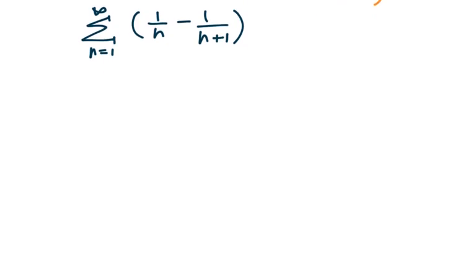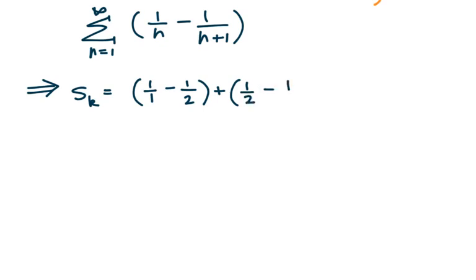At this point, now that we have this, it might be interesting to examine the terms. S of k is going to equal, my first two terms, 1 over 1 when I plug in 1, minus 1 over 2, plus my next term, plugging in 2, 1 over 2 minus 1 over 3, plus my next term, plugging in 3, 1 over 3 minus 1 over 3 plus 1, which is 4.